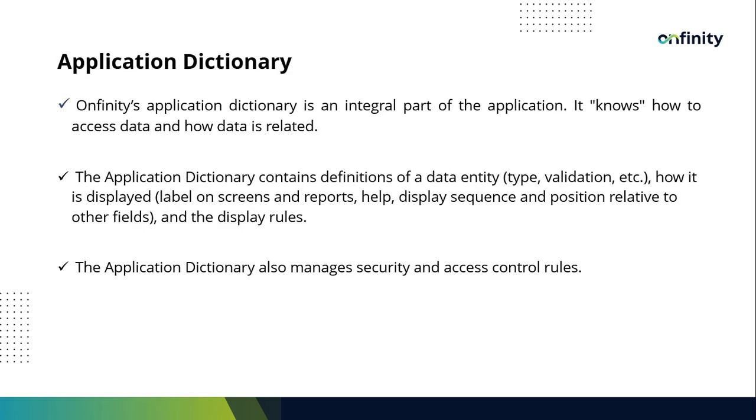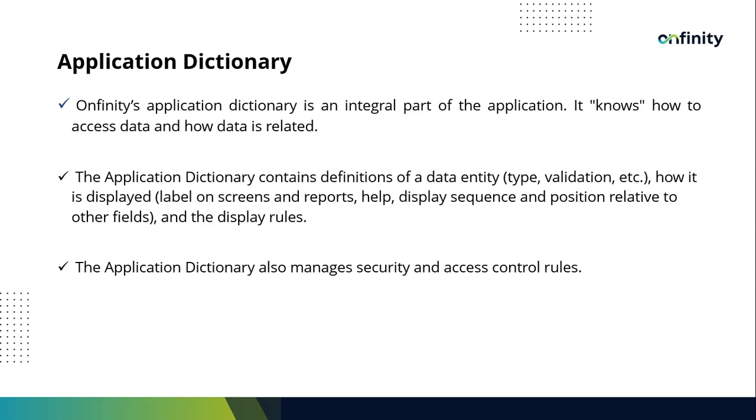Onfinity's application dictionary is an integral part of the application, understanding how to access data and how data is related. For example, foreign key constraints and parent-child relationships across tables are handled by the data dictionary, which is configured so code isn't required.